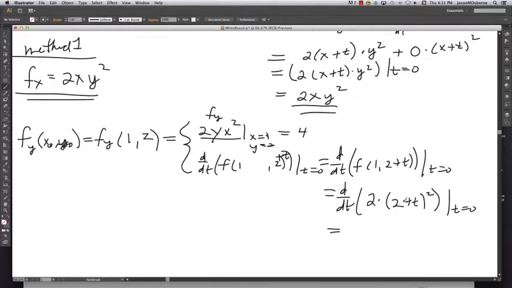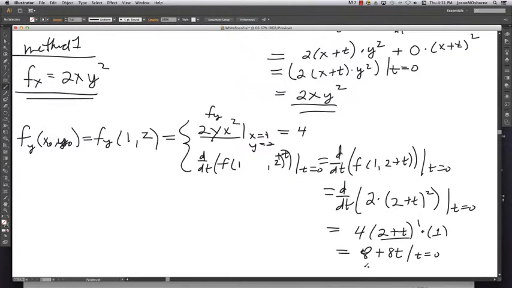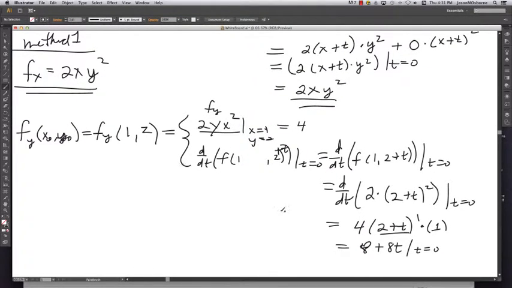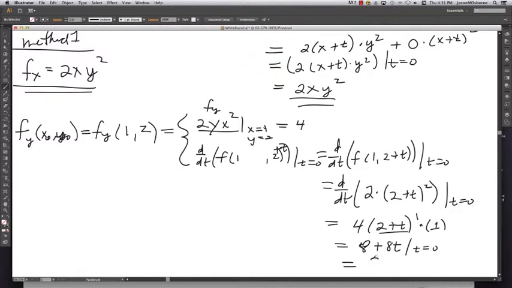Now when you take the derivative, this is just a simple Calc 1 problem, you get 4 times 2 plus t to the first power times the derivative of 2 plus t, which just gives you a 1. So you would get 8 plus 4t, evaluated at t is equal to 0. Okay, and therefore you get 8.